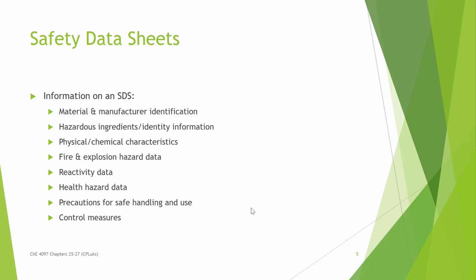So, it's a yellow powder or it's a lightly colored liquid, something like that. You'll have fire and explosion hazard data, reactivity and health hazard data, and then control measures and precautions for safe handling and use. Do you need to wear a respirator, or can this just be done wearing gloves, etc.?